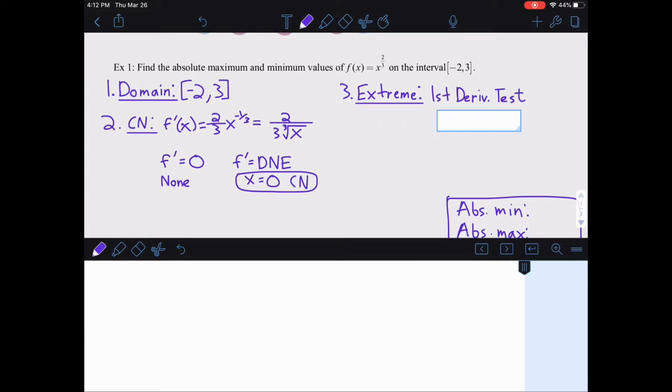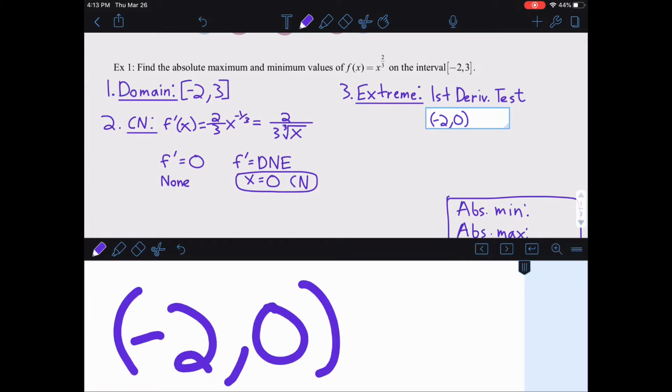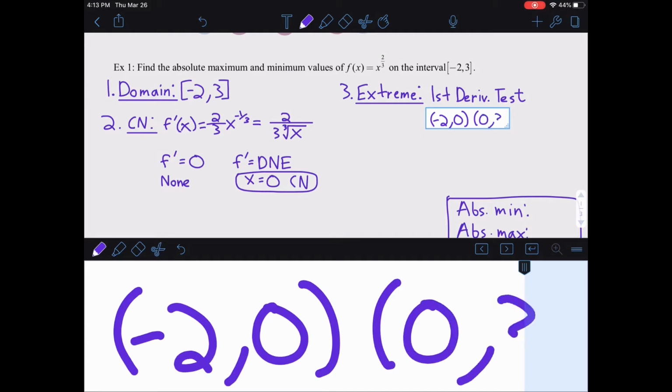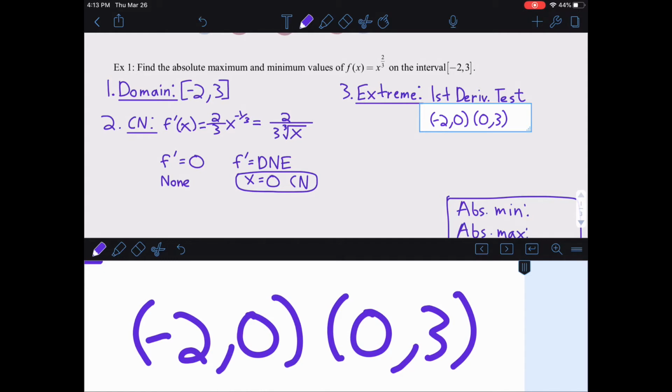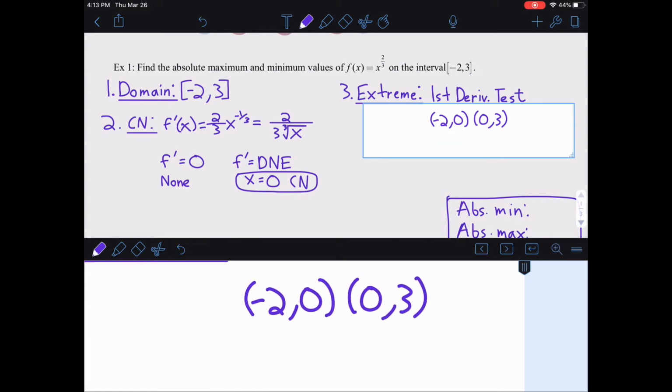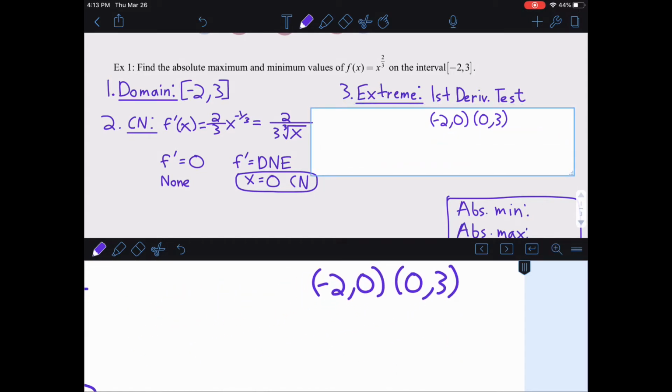This gives me the pieces -2 to 0 and 0 to 3. These are not ordered pairs, these are intervals. Now I'm going to test and see what is the value of the first derivative in each of these intervals.